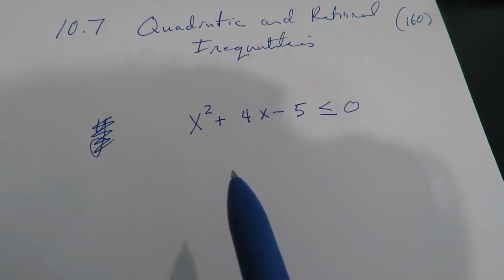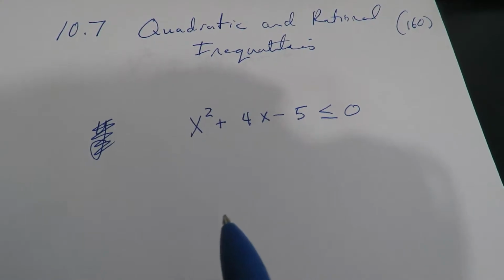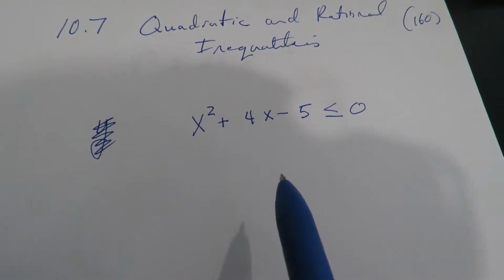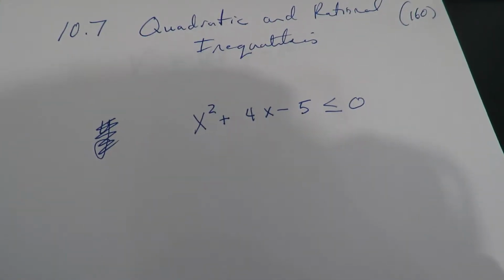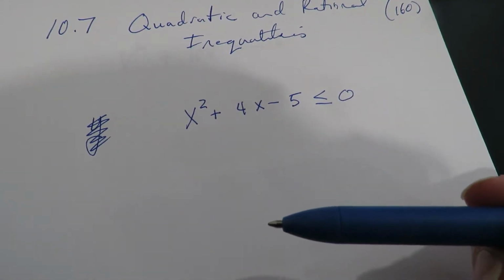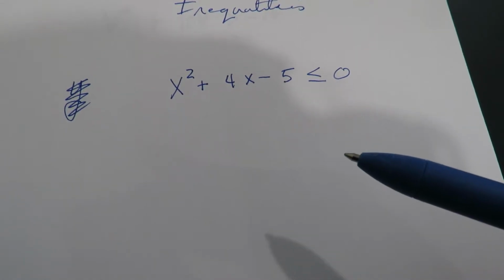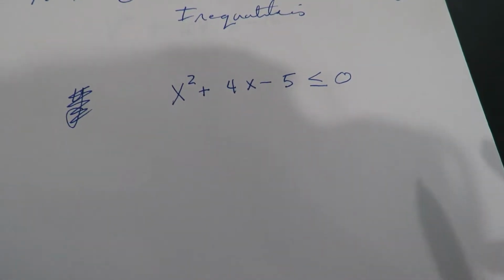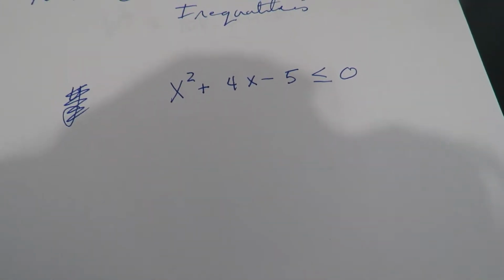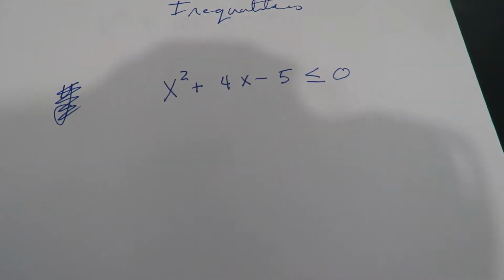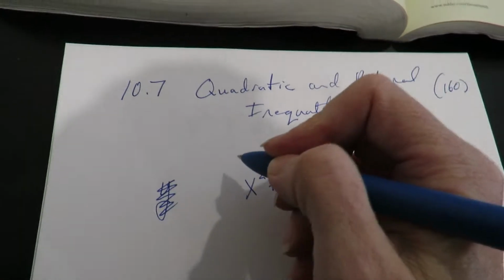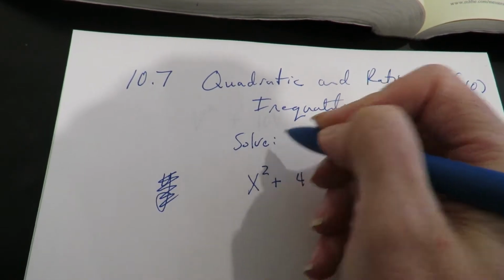So it's basically asking what domain puts the parabola at the x-axis or lower. And once I solve this, I'm going to go back and say that again because it sounds really abstract right now, but I just wanted to sort of plant that seed.